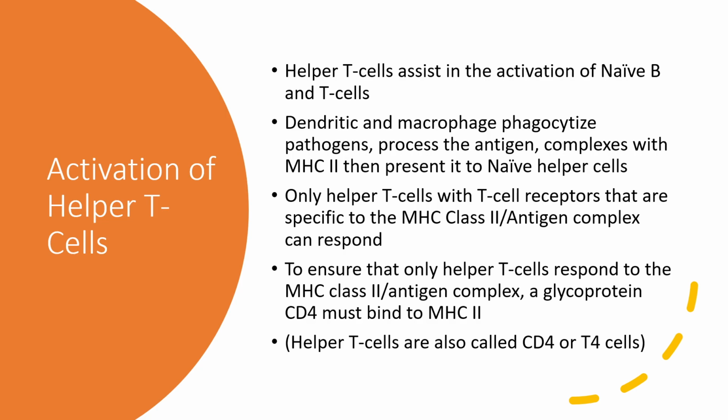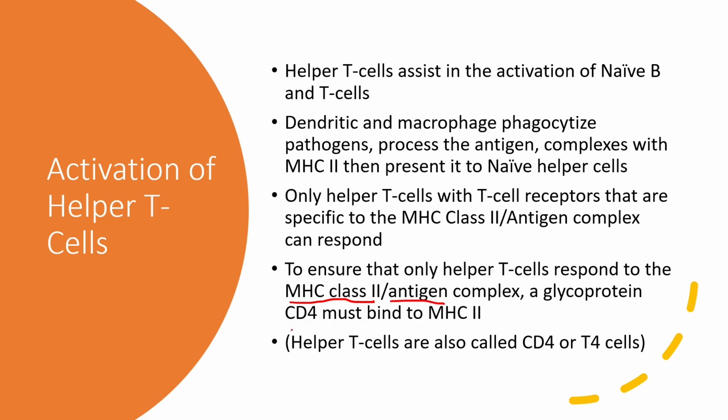Only helper T cells with T cell receptors specific to the MHC class 2 antigen complex can respond. The MHC class 2 antigen complex is simply the combination of the MHC class 2 and the antigen captured.